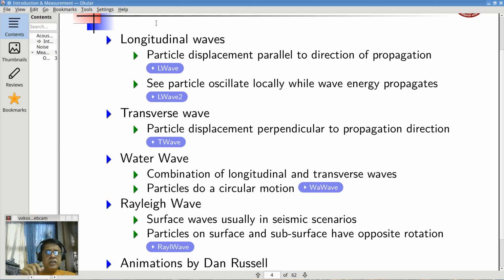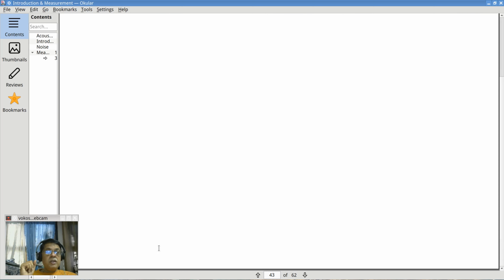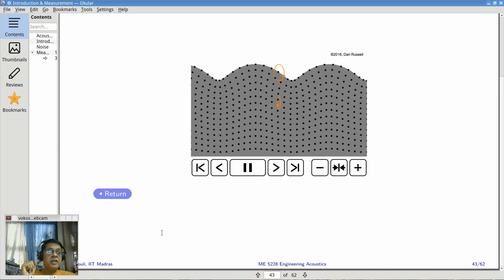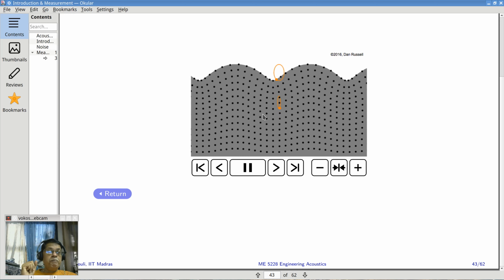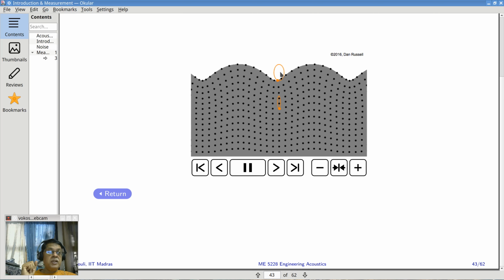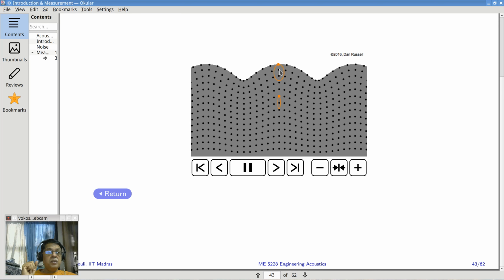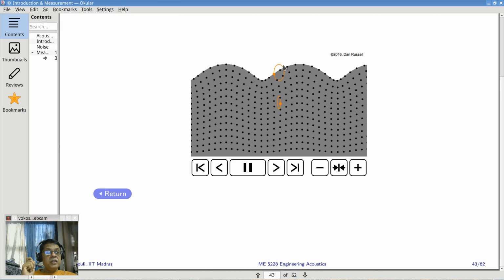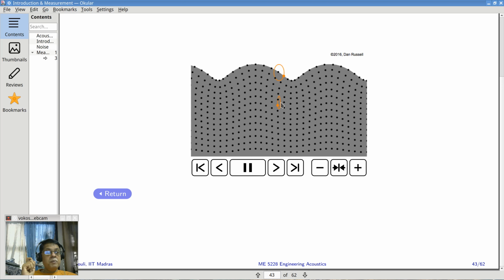See, in the case of a longitudinal wave, of course, the medium is also important. It can be in a solid, it can be in a liquid, in air also. So a Rayleigh wave looks like this, again thanks to Dan Russell, but you see that it's a kind of surface wave. What is pointed out is the rotation direction. It's almost like a circle, similar to a water wave, but the rotation direction at the top is opposite to the rotation direction at the bottom.